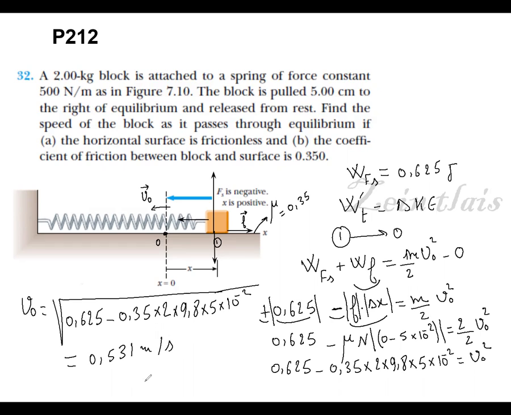So VO in the case of mu must be less than VO in the case of mu equals 0. Here we have 0.531, and before it was 0.791.